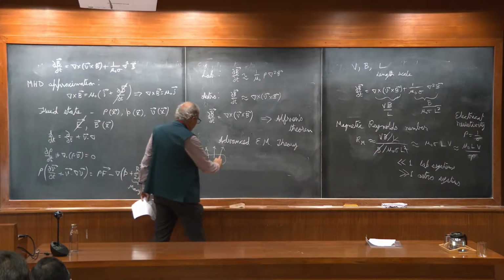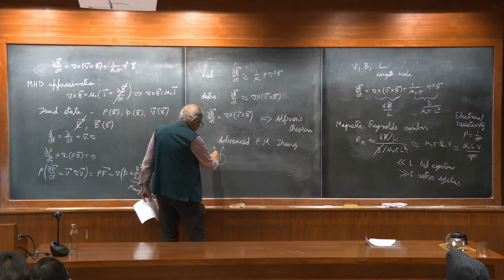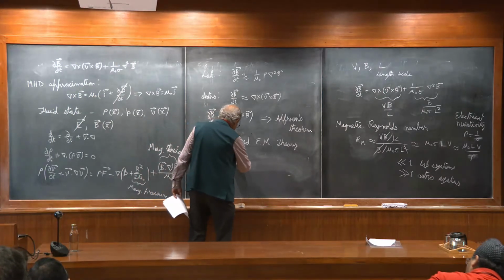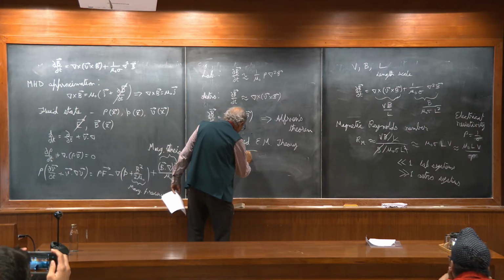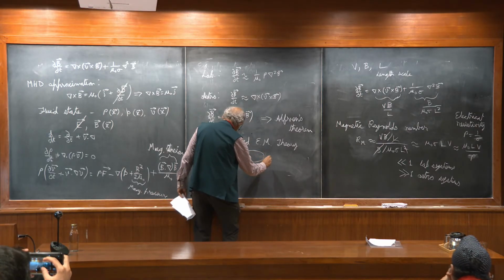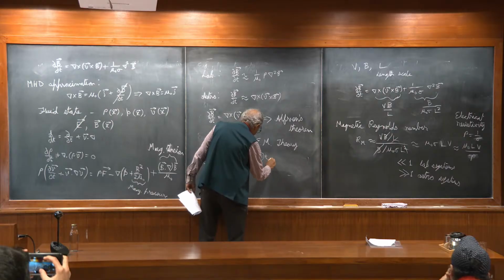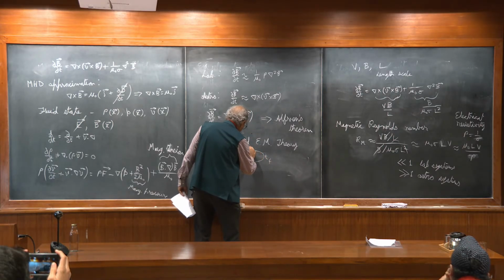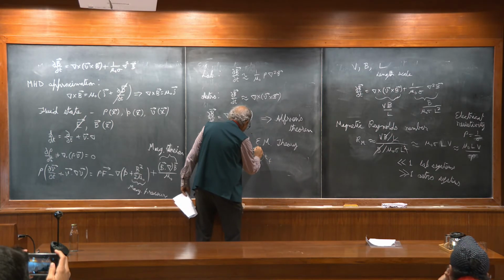Because of the motion, the material which made up the surface would move, and after some time would make up another surface at Tf, and there would be some magnetic field going through it.